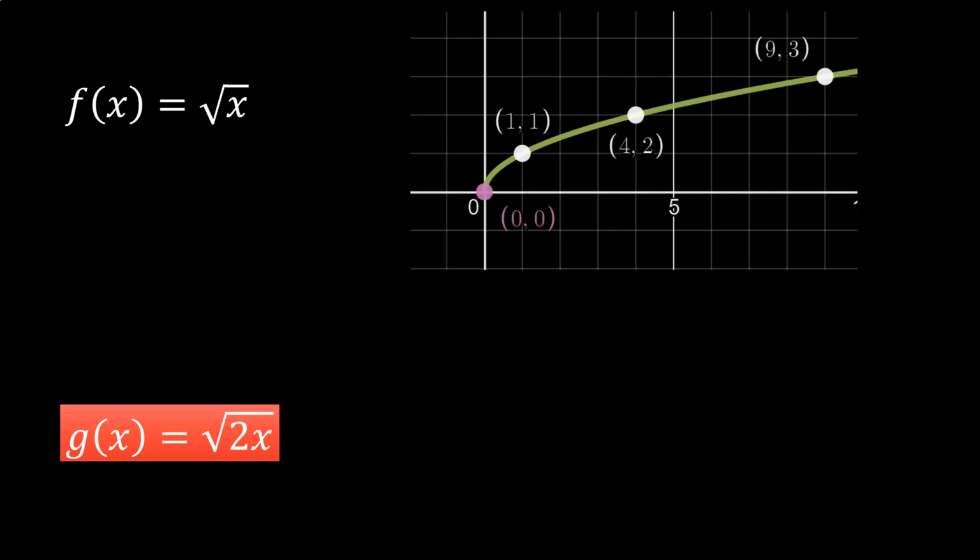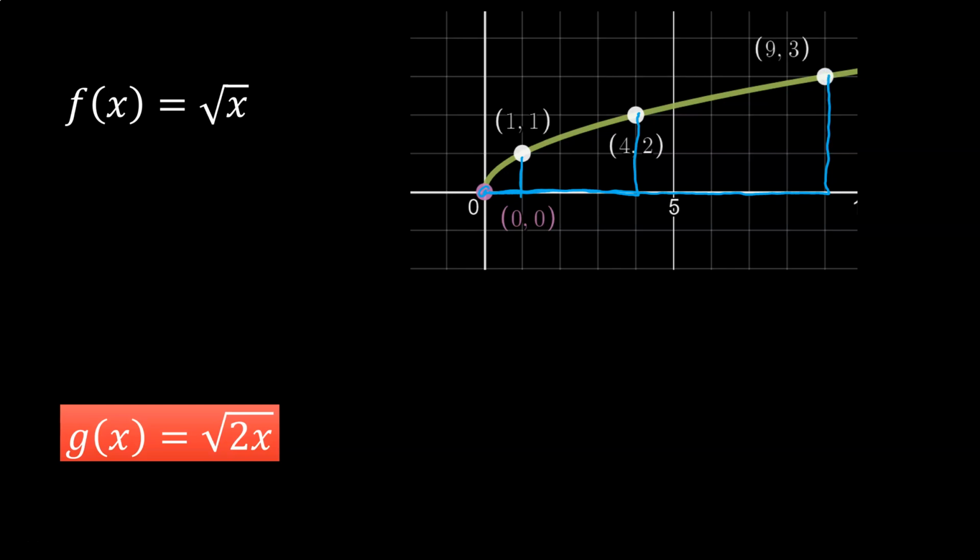How does it go? Square root of 0 is 0, okay? Square root of 1 is 1, so over right 1, up 1. Square root of 4 is 2, so over right 4, up 2. Square root of 9 is 3, so right 9, up 3.